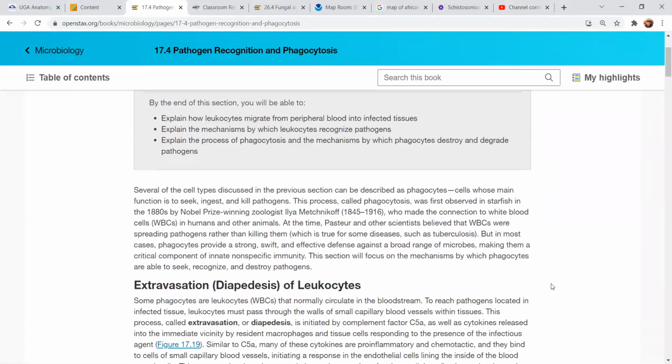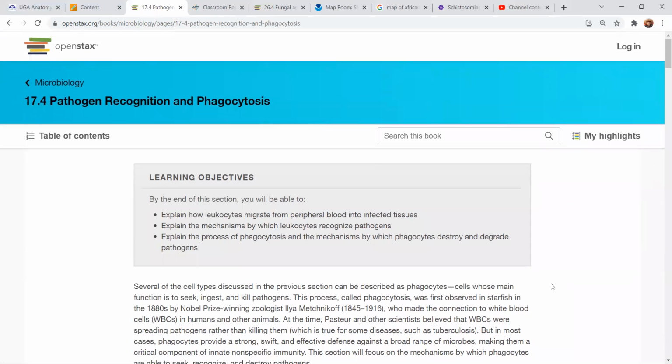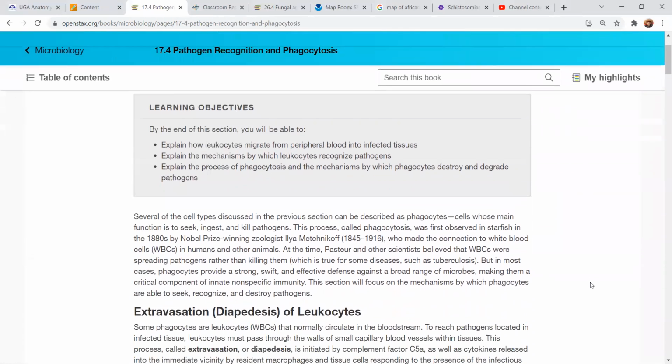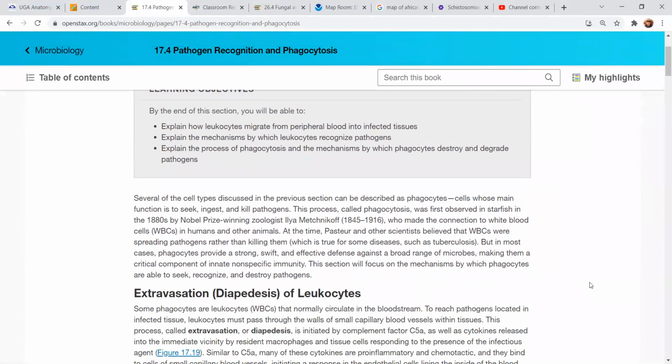Now, looking at pathogen recognition, with talking about these phagocytes, so these cells that are going to essentially ingest and destroy other cells, it's important first to identify that they are infected with a pathogen or that they are a pathogen.